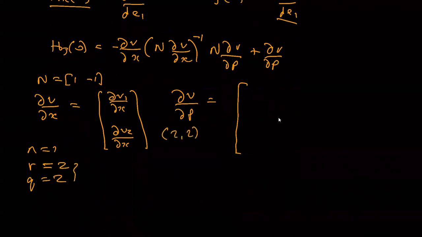I know the top left corner will be dV1/dE1, but E1 does not affect V2 directly, and E2 does not affect V1, but E2 does affect V2. So I end up with a diagonal matrix like that.